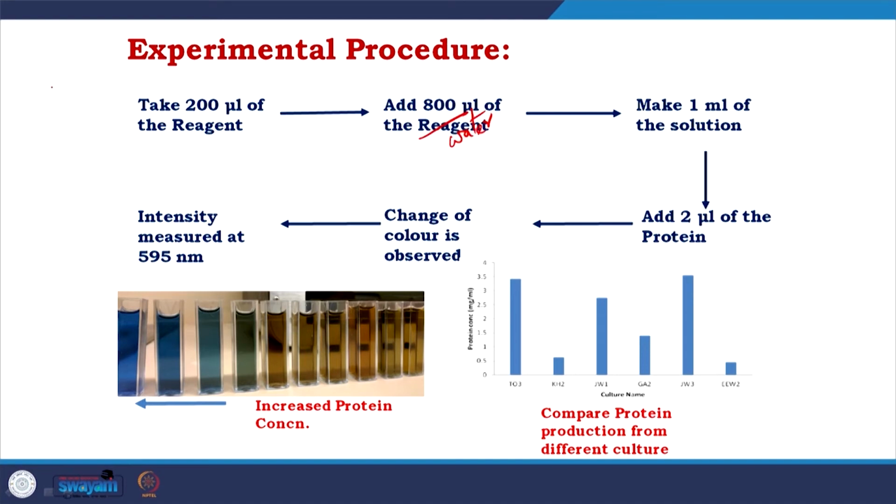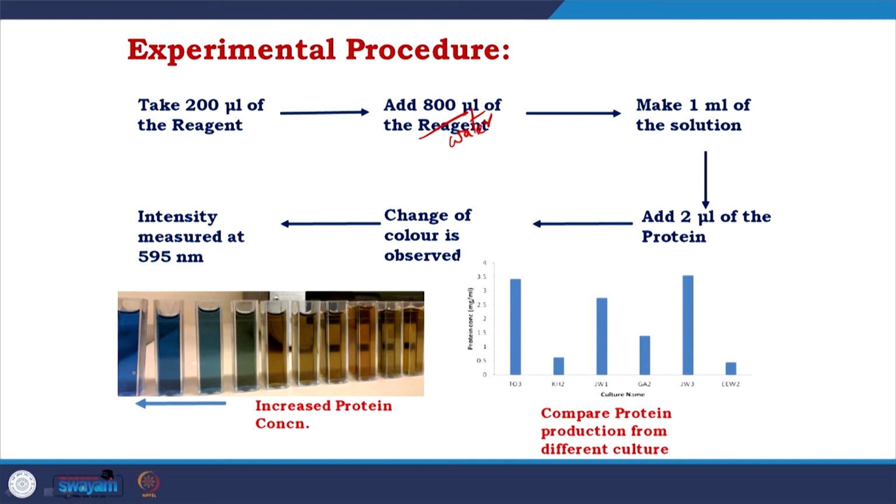Whenever you get it commercially, you have to make it diluted. So, you have 1 ml of the solution, add 2 microliter of the protein, change of color is observed and intensity measured at 595. You see that when you keep increasing the concentration of protein, you gradually start getting more intense blue color.